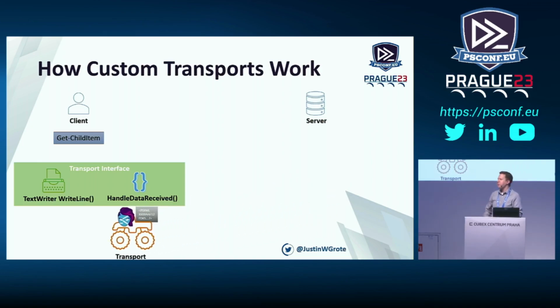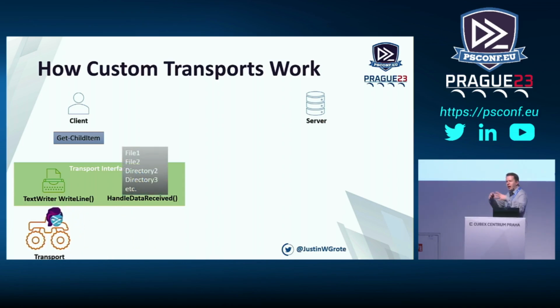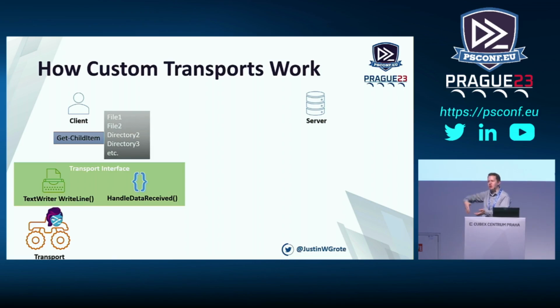Transport comes back, and then once it's done, your agreement with PowerShell is you say, hey, PowerShell says I have this handle data received method that I'm going to expose to you. Once you get a message back, post it to this handler. It's almost like posting to a REST API in a way. And then once you do that, PowerShell takes that, rehydrates the text into objects again, and brings that back to the client, and that's when you see your get child item.